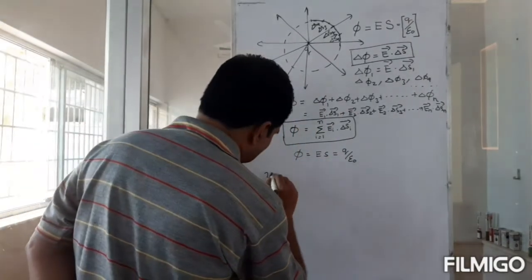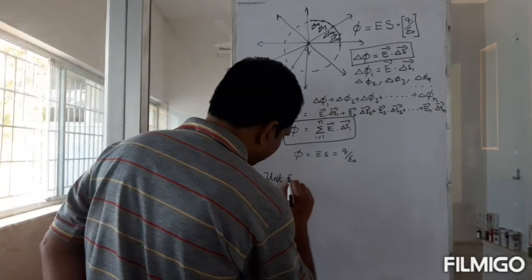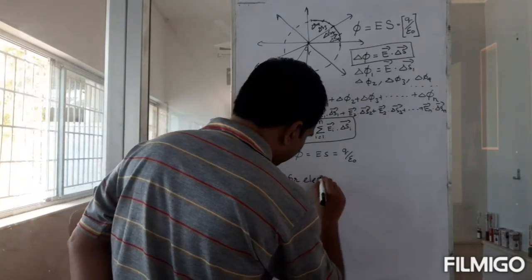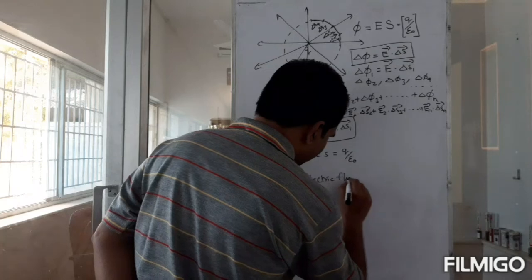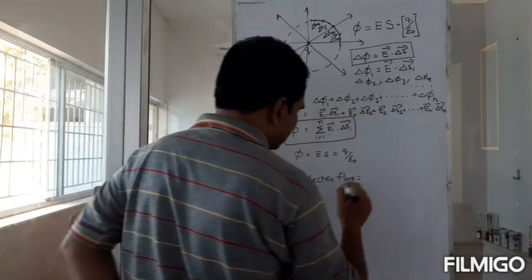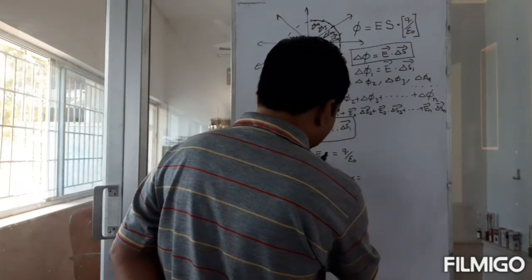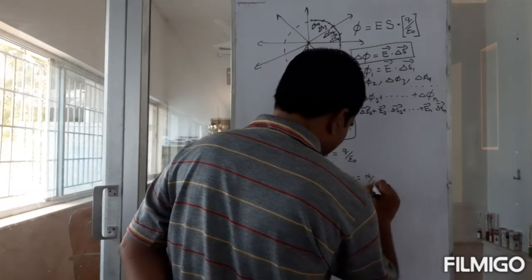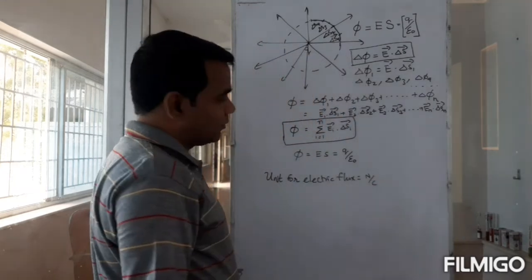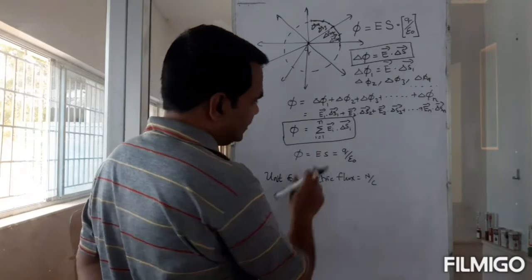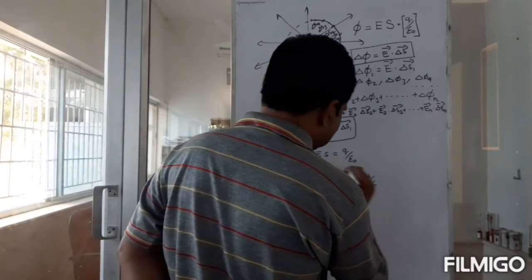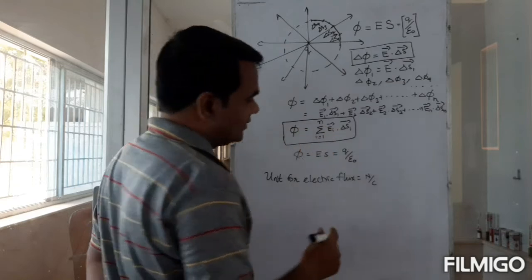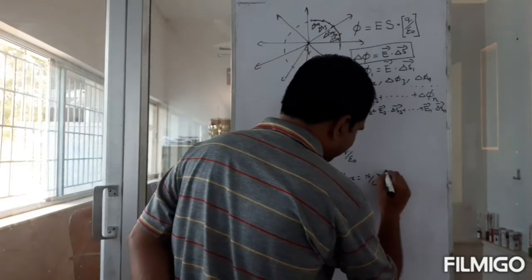So the unit for electric flux is equal to, what is the unit for E? That is Newton per coulomb, the amount of force per unit charge. And what is S? Surface area. That is simply meter square.